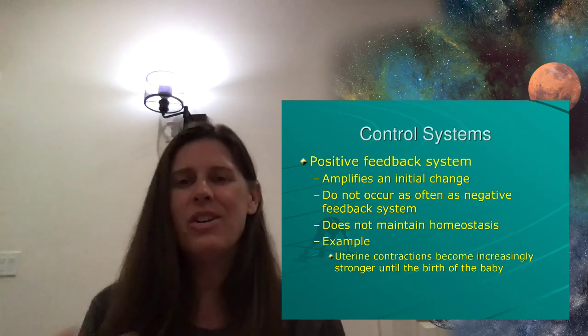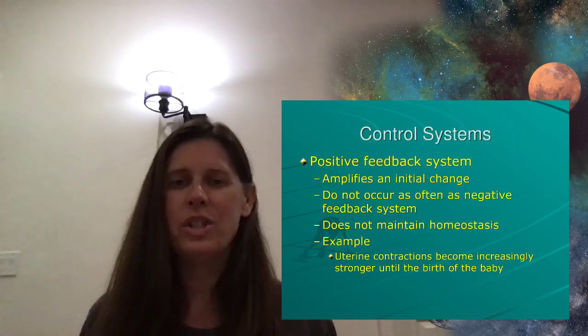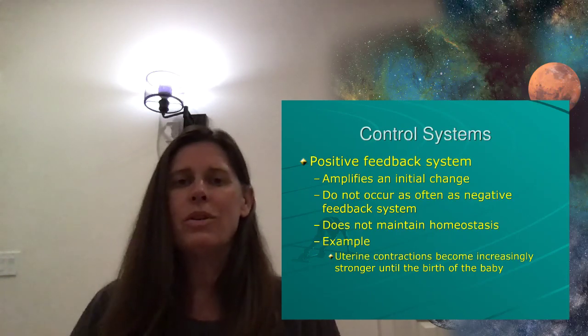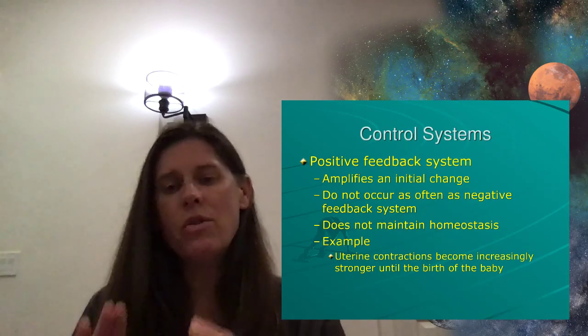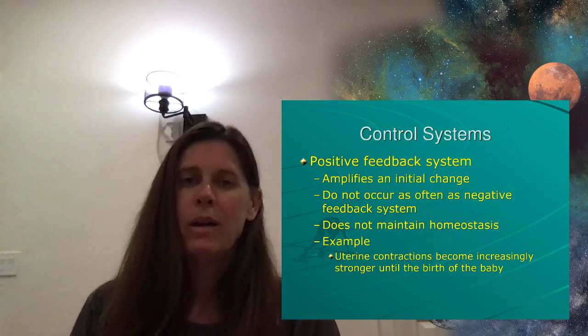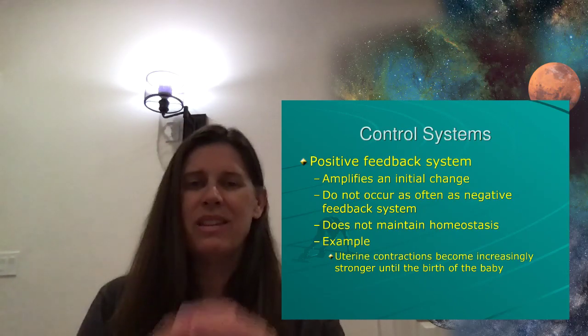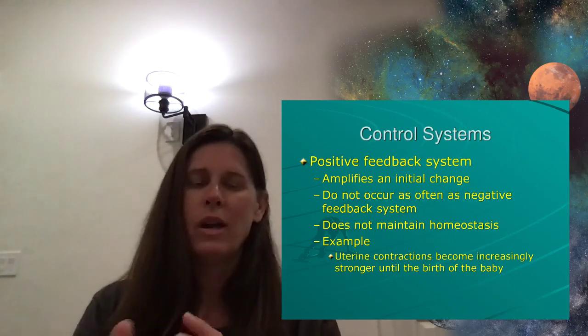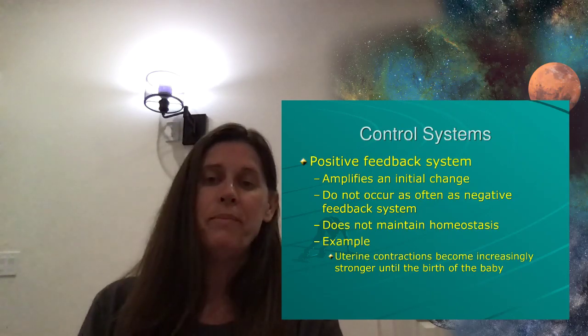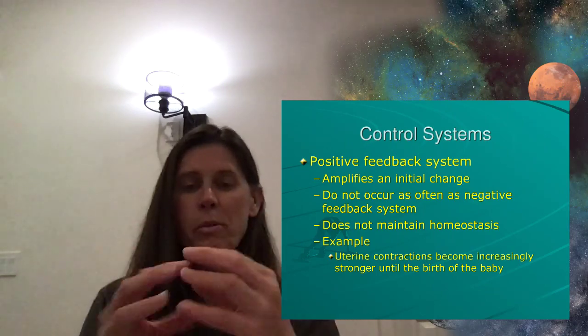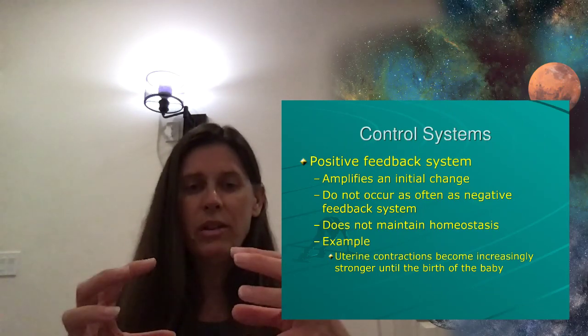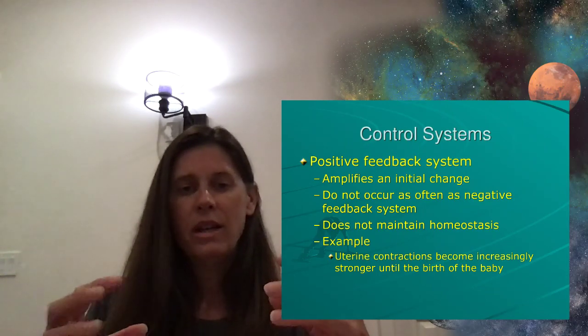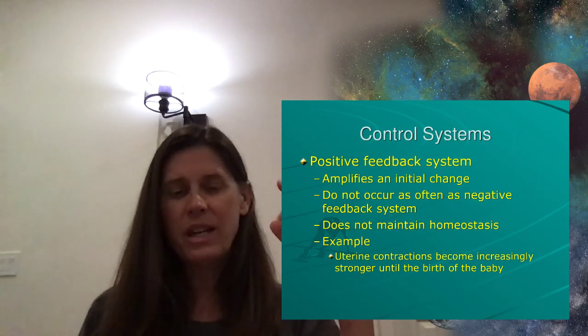A contracting uterus is not a normal situation. You don't want that to happen all the time. Okay, so it is temporarily taking you out of homeostasis, but you need to be out of homeostasis in this situation to get the baby out. Once the baby is born, then there's no more pressure on the smooth muscle, so it stops contracting. So the hypothalamus is not getting the signal anymore.